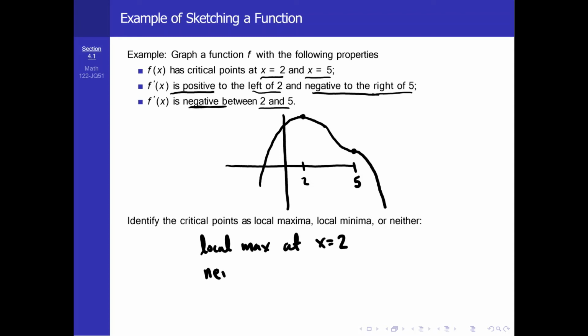So I have neither a local min nor a local max at x equals 5. So even though x equals 5 is a critical point, in this case it is not a local minimum or maximum because the derivative does not change sign when it goes through x equals 5. It's negative on the left and it's negative on the right.